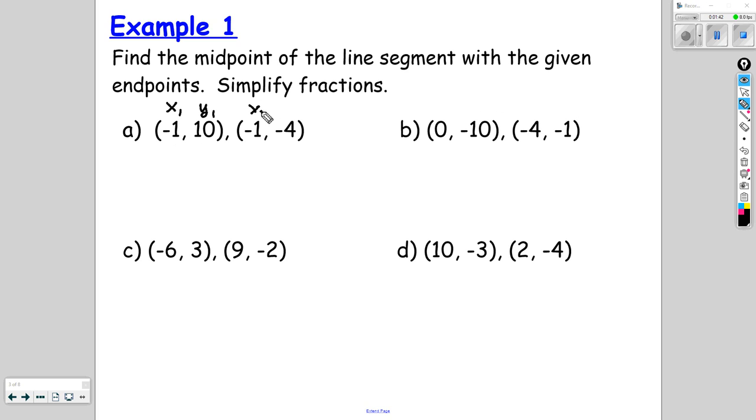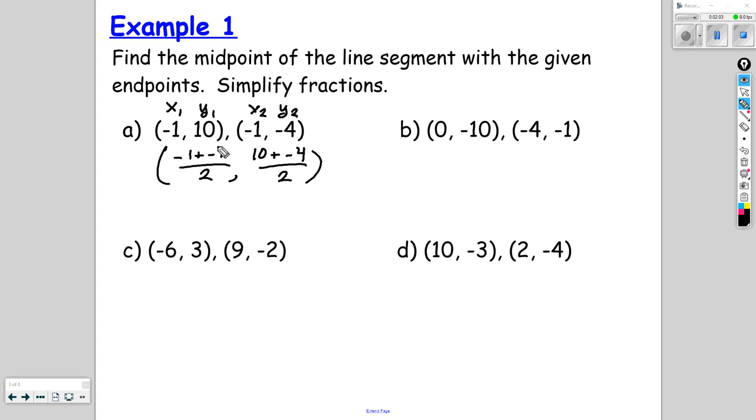And then here we have the second point, so we could call that x sub 2, y sub 2. We're going to average the x coordinates first, so -1 plus -1 divided by 2. And then we're going to average the y coordinates, so 10 plus -4 divided by 2.